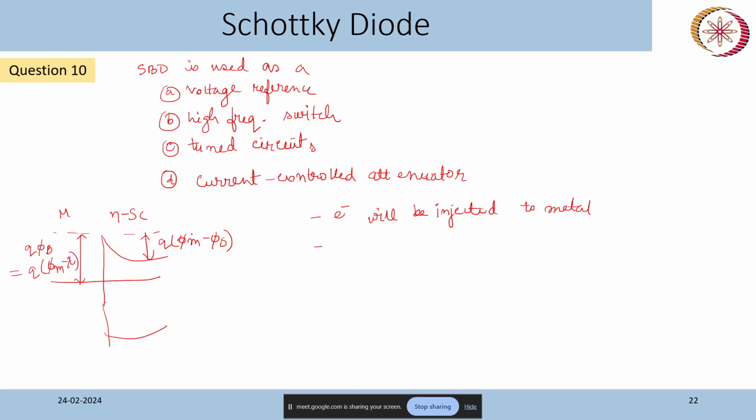Electrons here are the majority carrier, so it is a majority carrier device, while BJT is a minority carrier device, or the PN junction also. And in this case, the total capacitance will be less. Why will the total capacitance be less? Because there is no diffusion capacitance.